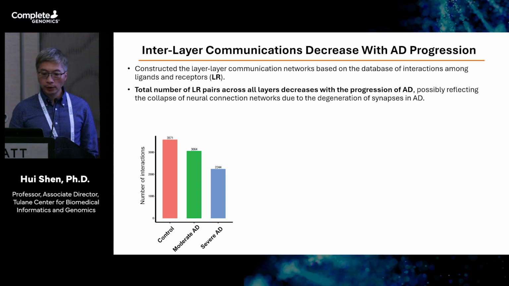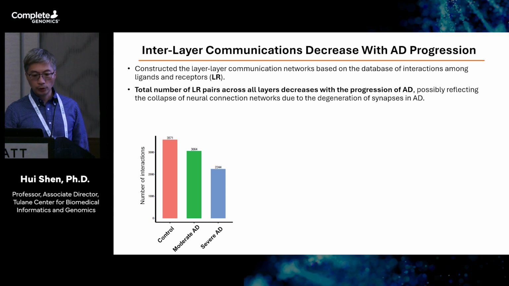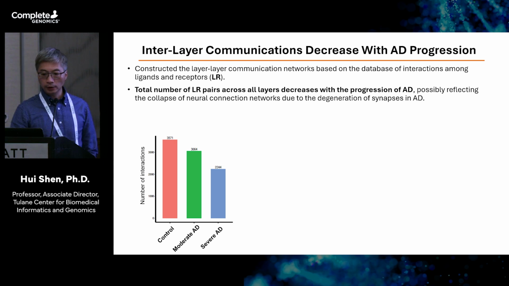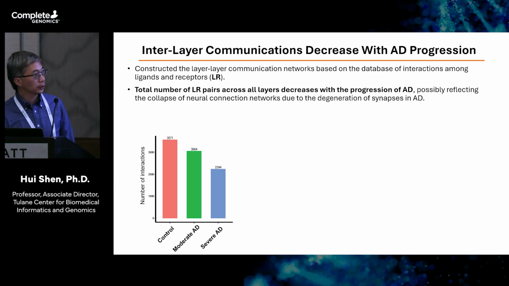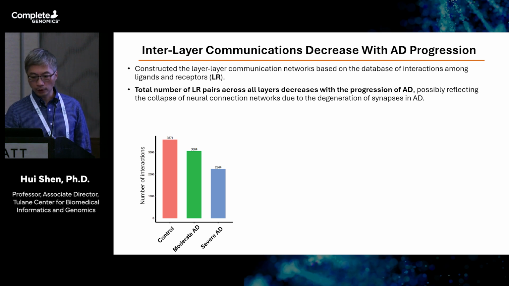Of course, we know that the communication between different layers in the cortex is important for information processing and supports cognitive function. So we want to study the layer-to-layer communication network between the control group and the AD groups.